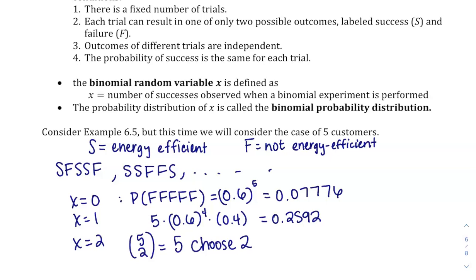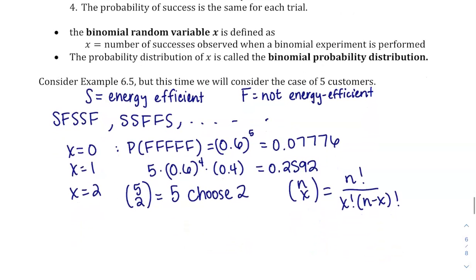And the way you calculate this, n choose x, is going to be n factorial over x factorial times n minus x factorial. Now, if you haven't done factorials before, it's just where you have multiplied the starting number and every number after it. So for this problem, if we have 5 choose 2, we're looking at 5 factorial over 2 factorial times 5 minus 2 factorial. The top, that's 5 times 4 times 3 times 2 times 1.